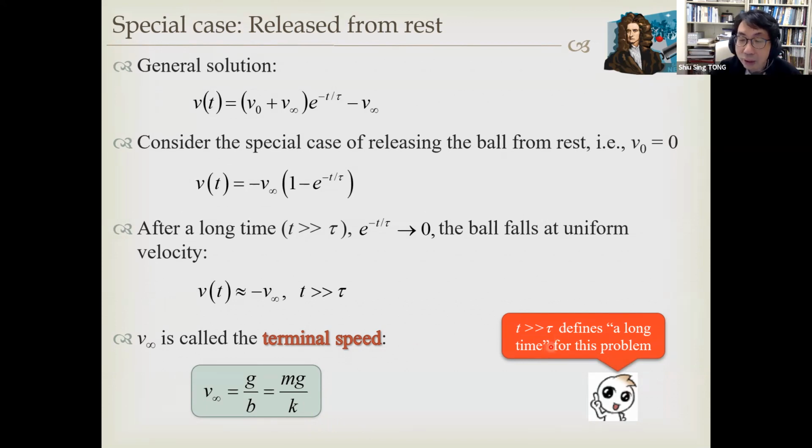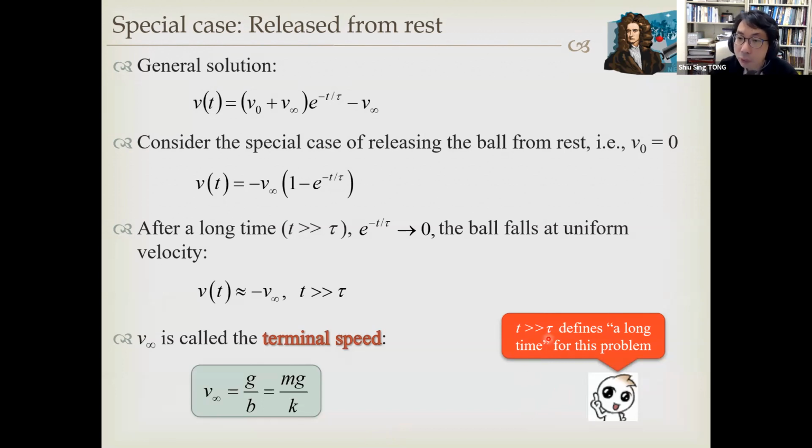So if you use the viscosity of water and the size of the bullet to calculate k and m, you get the time scale of this problem to be a thousandth of a second, which means that it's happening really fast. But if you are dropping a small ball inside water, for example, all that happens very slowly. It may take several tenths of a second for the ball to reach the terminal speed. And so you get another time scale.